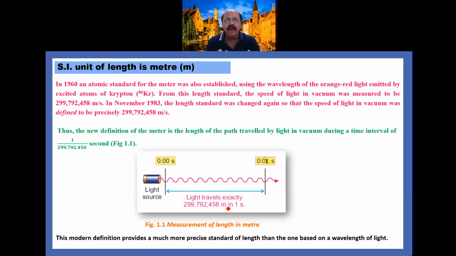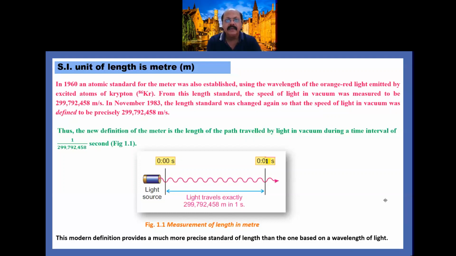And this modern definition provides a much more precise standard of length than the one based on a wavelength of light. So this is about the SI unit of length, that is the meter.